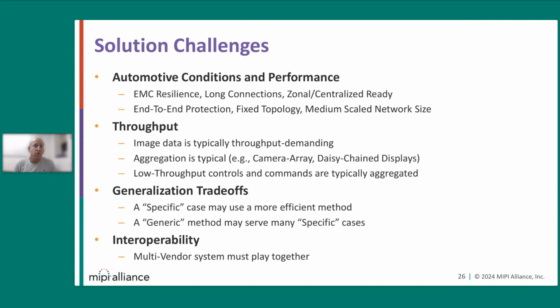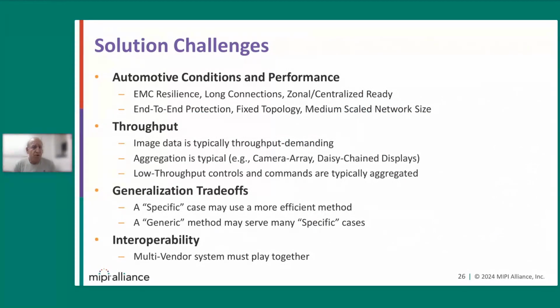So in automotive, we have the EMC requirements, harsh environment, long connections typically related to zonal or centralized architecture, and, as Ariel mentioned earlier, end-to-end protection, for example, functional safety, maybe security.